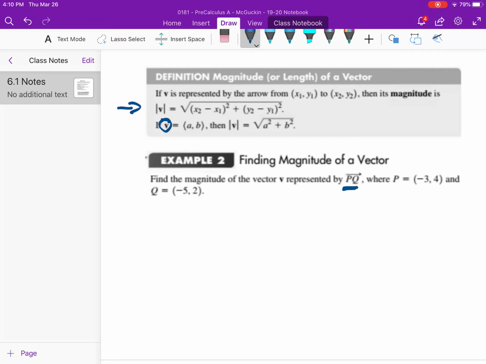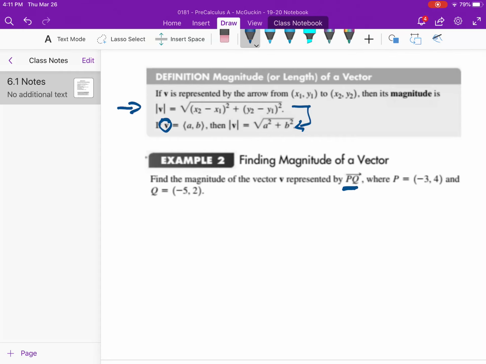So what we can do is, in a sense, shorthand that. That's what you see broken down from this spot to this spot here. Ultimately, the magnitude of a vector is the change in x squared plus the change in y squared, all under that square root, our distance formula.